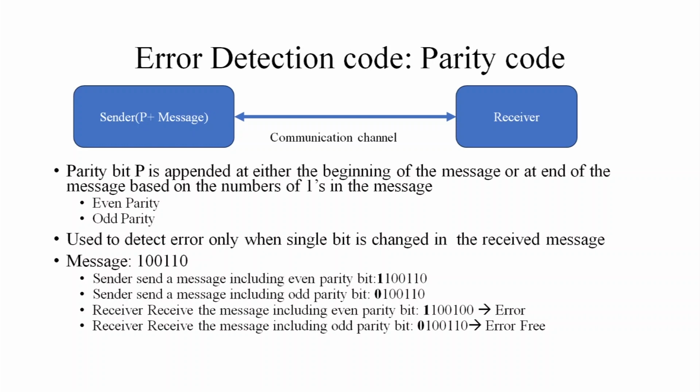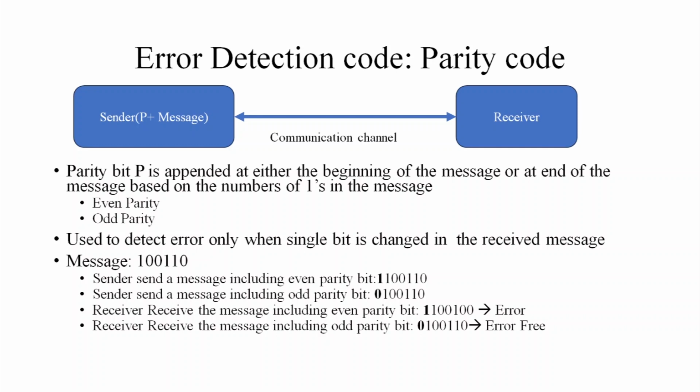There are two types of parity bit, even parity bit and odd parity bit, and generally this parity bit is used to detect error only when a single bit is changed in the received message. When more than one bit is changed in the received message, the receiver is not able to finalize whether the message received is correct or not.